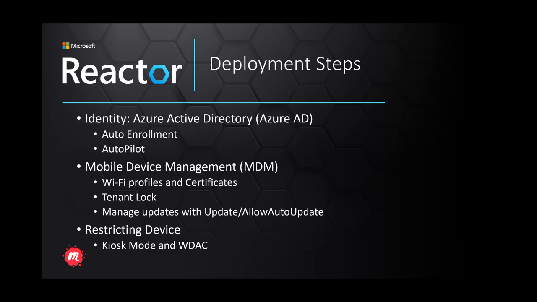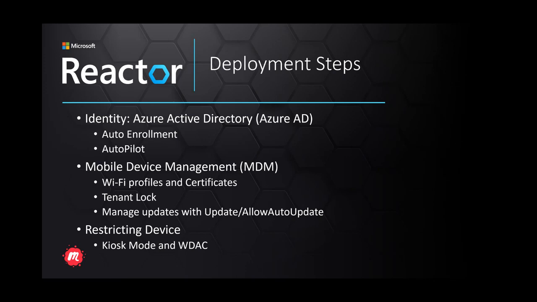What tenant locking does is it prevents that device from being able to enroll into Company Y. So Company Y won't be able to functionally use the HoloLens because they can't enroll it even after a factory reset. So that's the really cool thing about tenant locking. Again, in the next slide, there's a lot of links. They're going to have some deployment guides, and tenant locking is mentioned in those deployment guides. So definitely suggest checking that out.